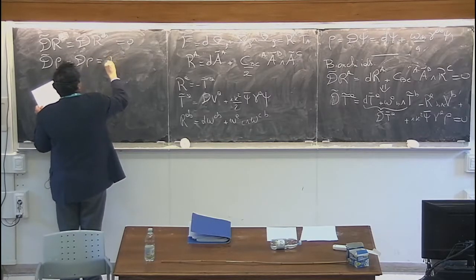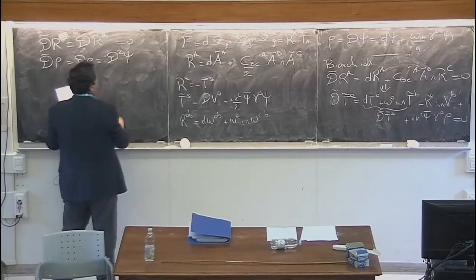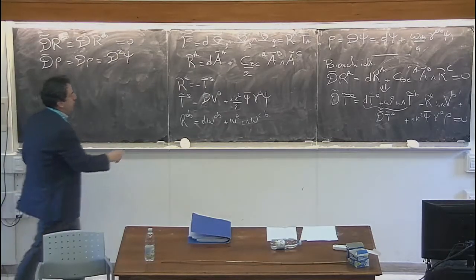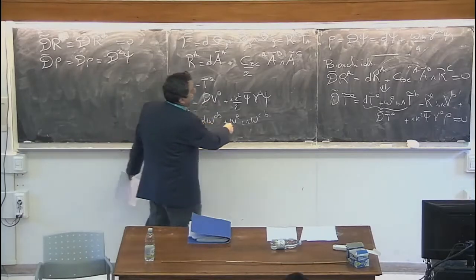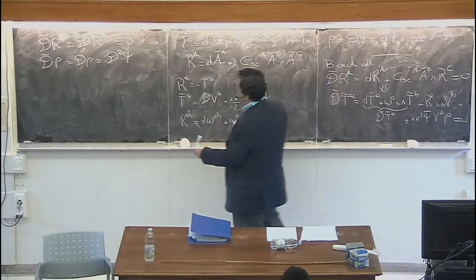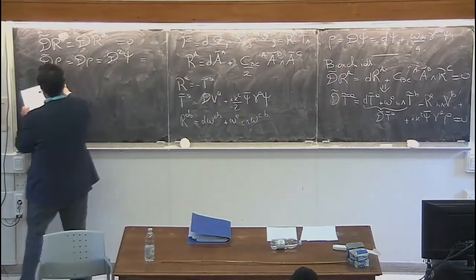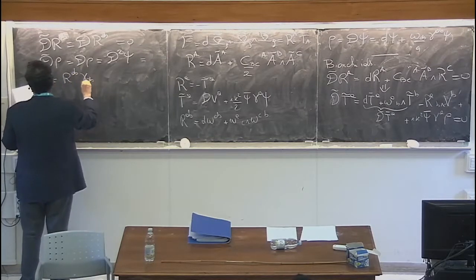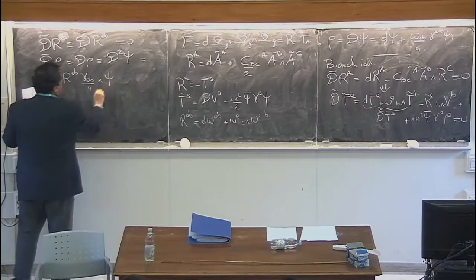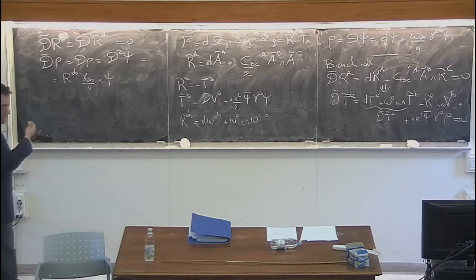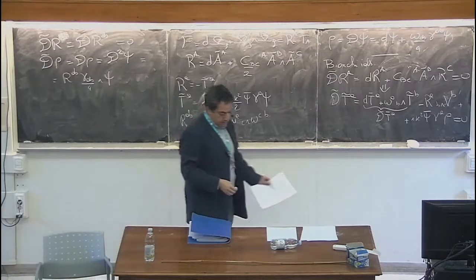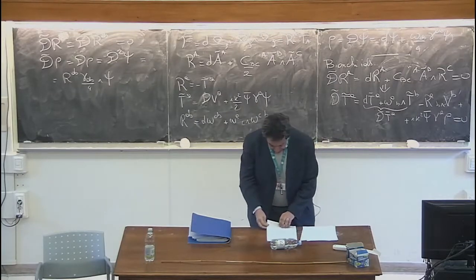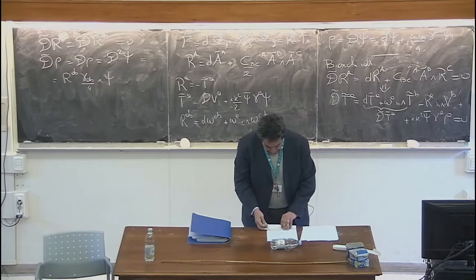That's d squared psi, because rho is the covariant derivative of psi. D squared of psi is nothing but RAB gamma AB divided by 4 wedge psi. And this is the Bianchi identity for rho, the curvature of psi.